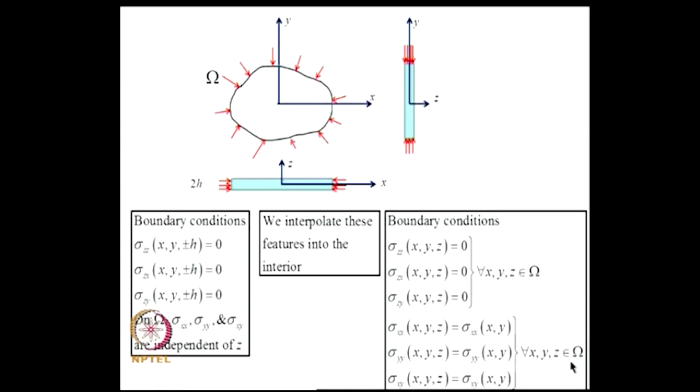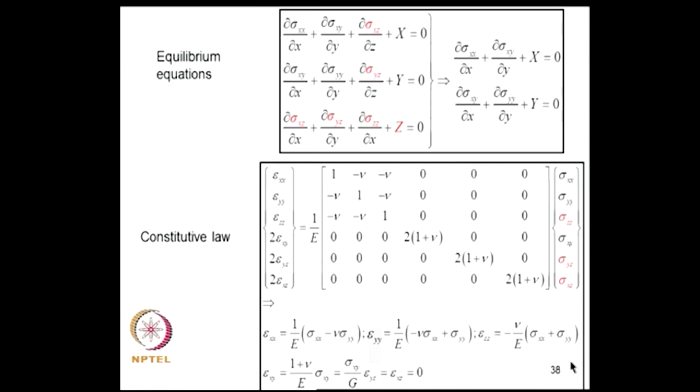Now, at the end of this, certain quantities have become 0 and certain quantities have become independent of z. Let us see whether the equilibrium equation is satisfied. You go to the equilibrium equation and write the 3 equilibrium equations. You can see here that the quantities written in red are zeros as per our model.